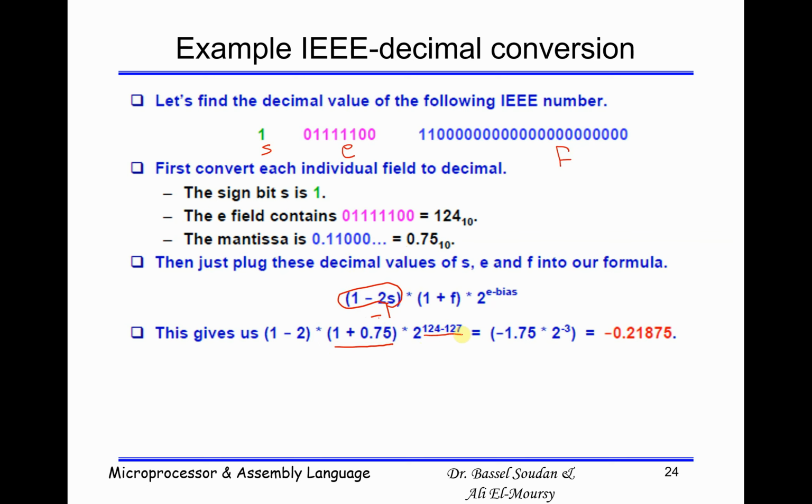So the actual number here is minus 1.75 multiplied by 2 to the power of the difference between these, which is minus 3. So actually the original number in decimal is here. Okay, very simple equation. If you remember this equation, you can convert any number from the floating point into its original decimal representation as the example shows.